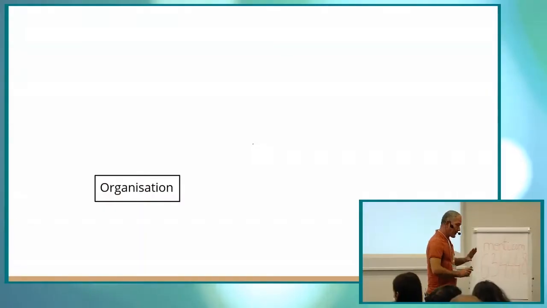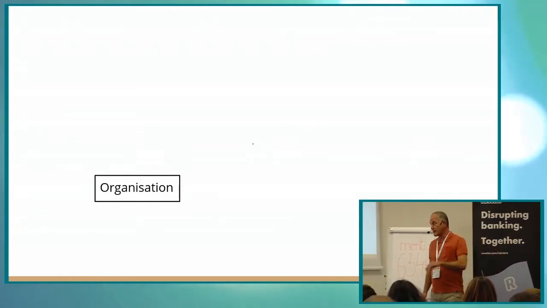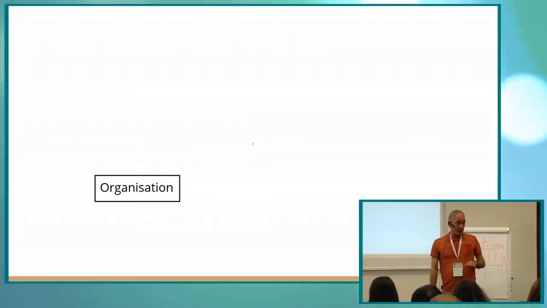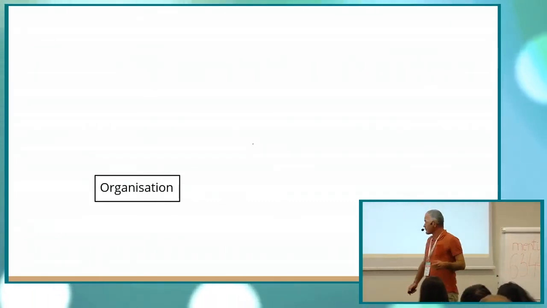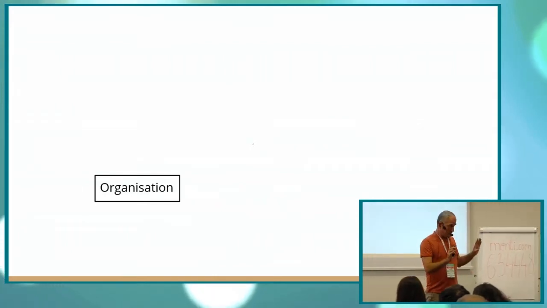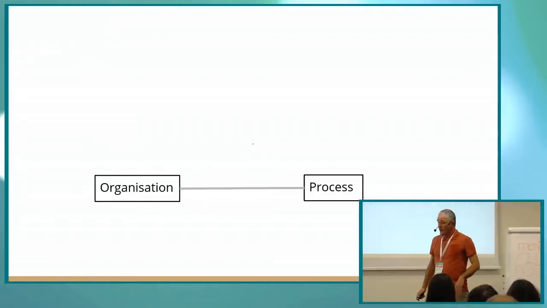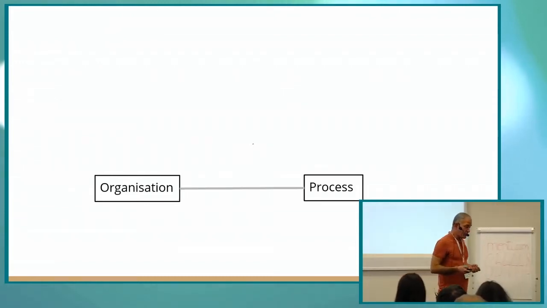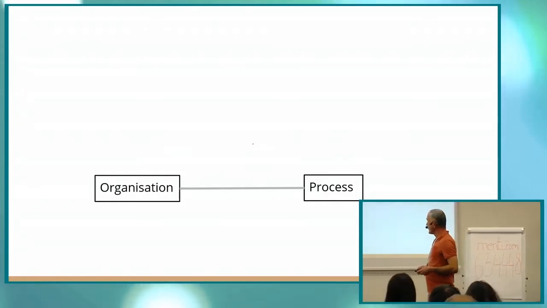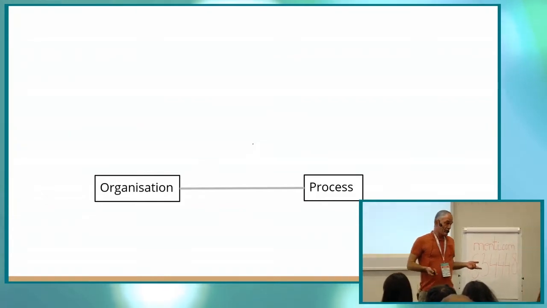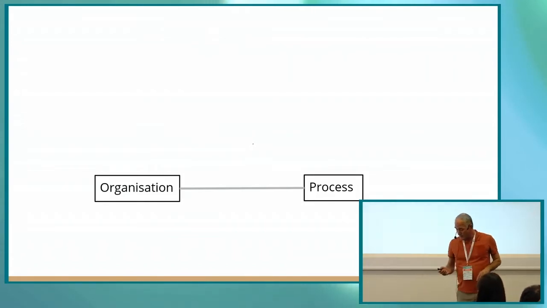Okay, I want to give a few key concepts that are relevant. Organization can be anything. It can be a team, a company, a department. Just call it organization. We might call a group of people that. In this organization, people try to get to some result. They have a goal, they try to accomplish it. To accomplish that, they follow some processes.